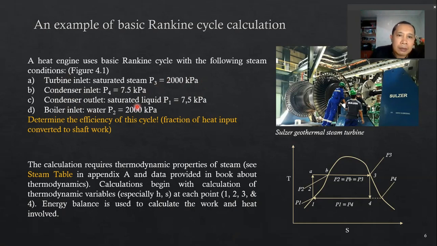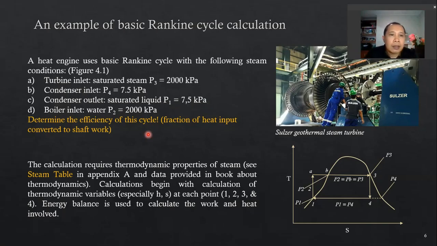Condenser outlet pressure is also stated. This is an isobaric process from B to C. And in the boiler inlet, we have water pressure of 2000 kilopascals. Okay, so you can also imagine the large pumping ratio that the boiler feed water has to achieve, from 7.5 kilopascals to 2000 kilopascals.